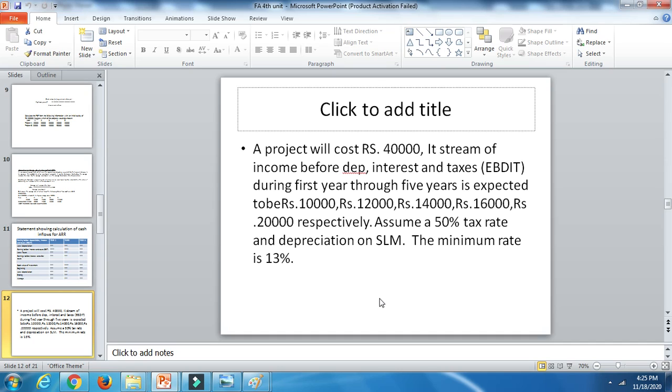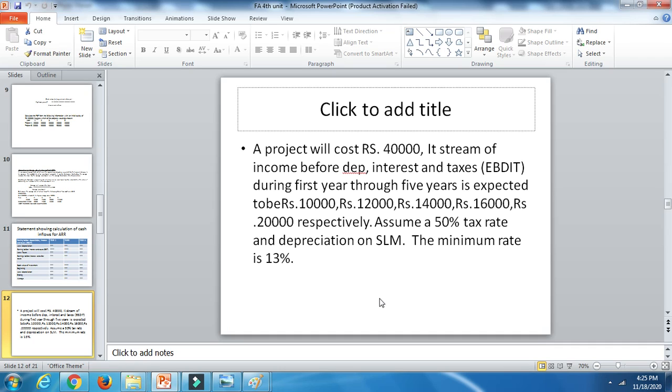So he has given you earnings before depreciation, interest and taxes for 5 years.